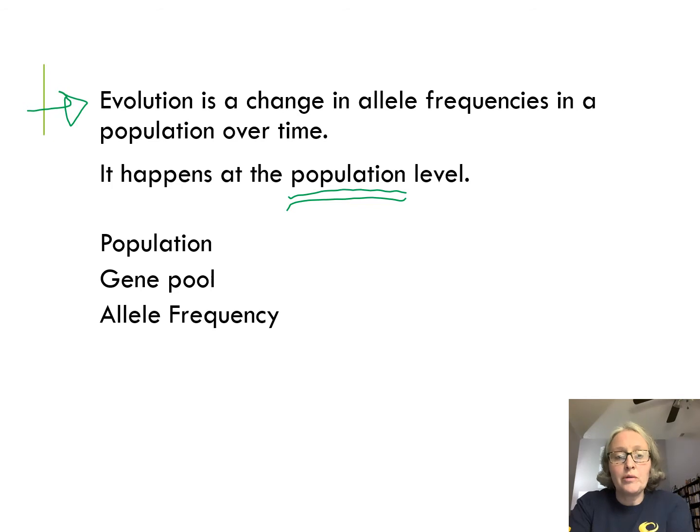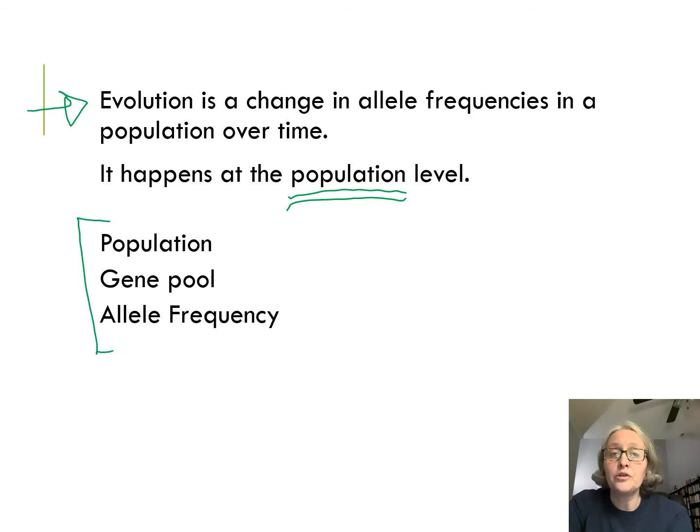So it's important to remember what these terms mean. A population is a group of organisms, all of the same species. So for instance, it might be all of the bunny rabbits that live in McKinney, or it might be all of the oak trees that live in Yellowstone. Gene pool is when we take that population and we look at all of the genes, whether individuals are homozygous or heterozygous for a particular trait.